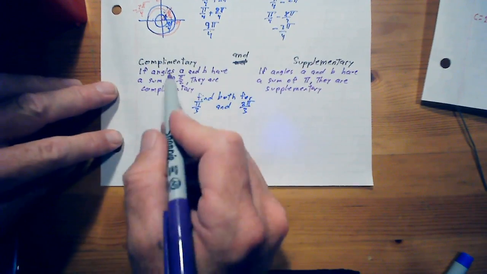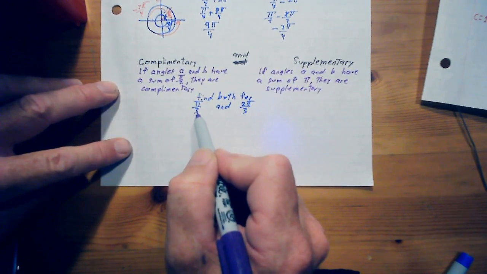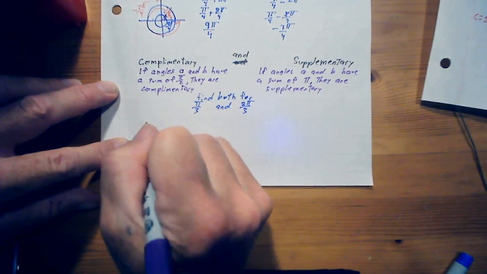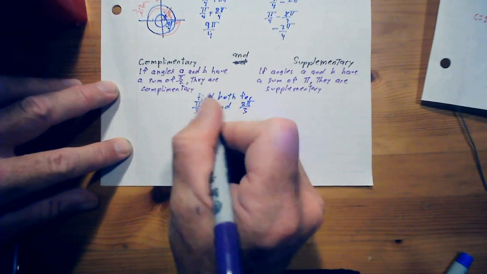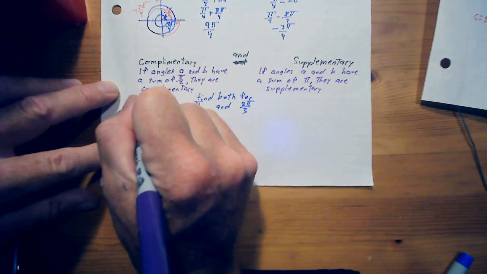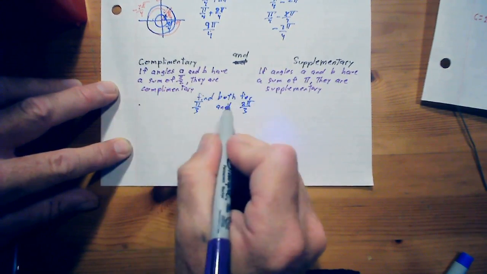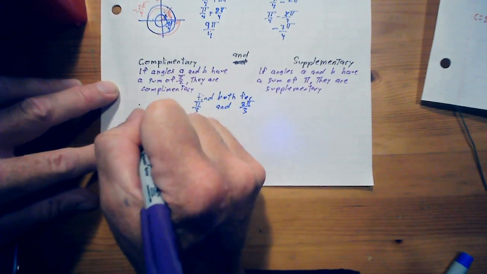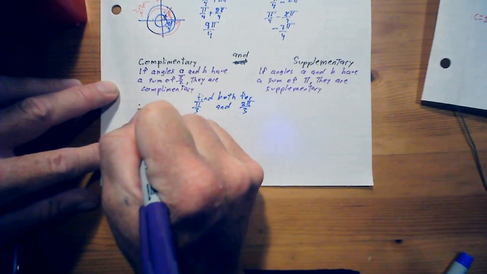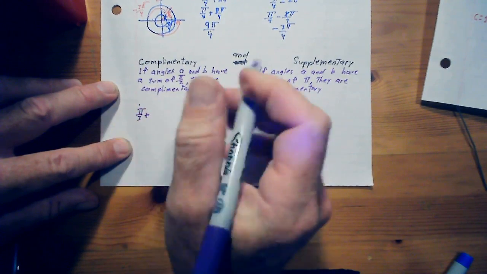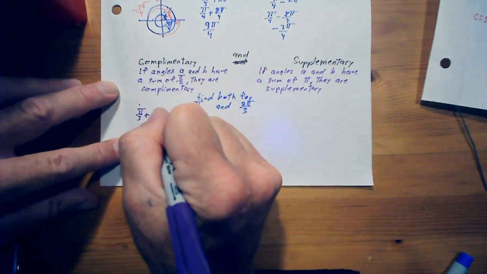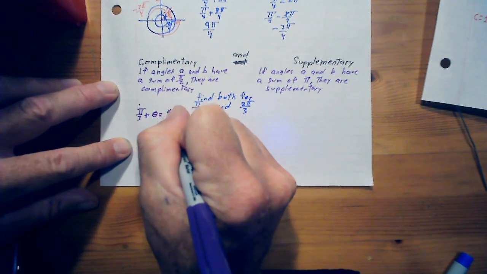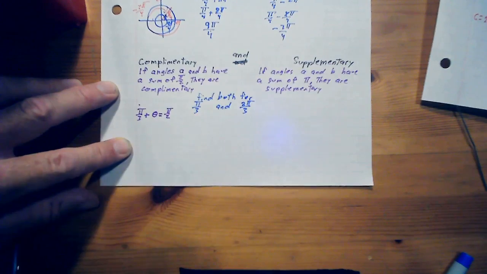Okay. So I'm going to find the complement of pi over 3. So find both, meaning find the complement. I should have written that. That's what I'm trying to do. Find the complement for pi over 3, which means pi over 3 plus what angle theta is going to equal pi over 2.